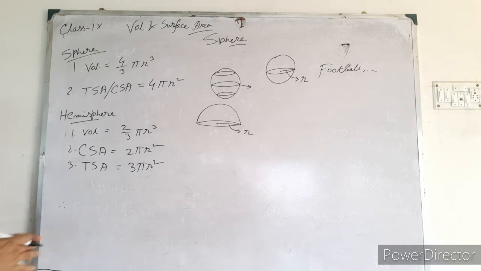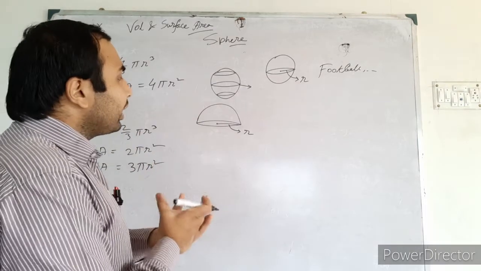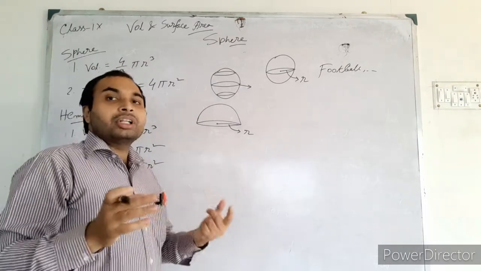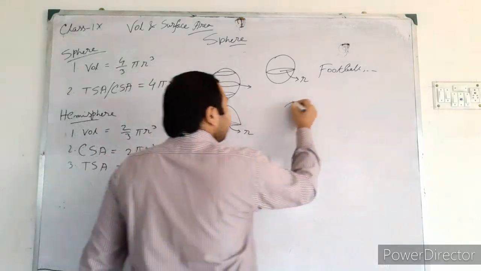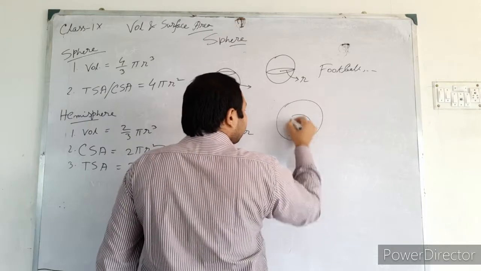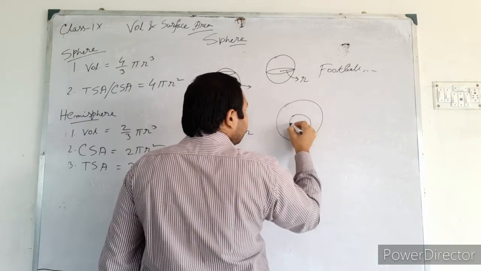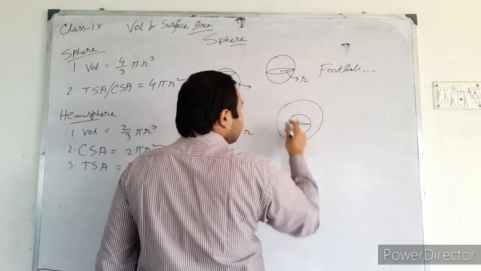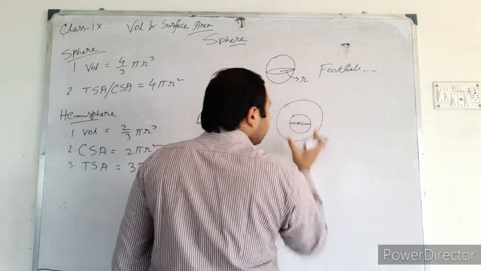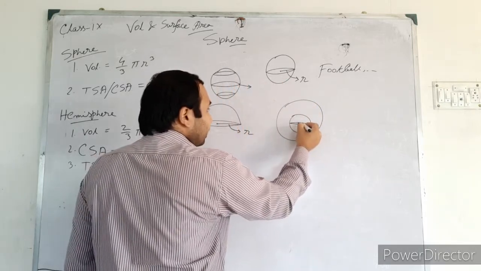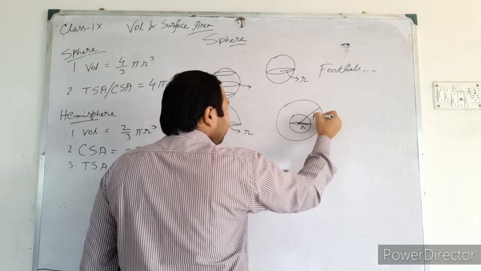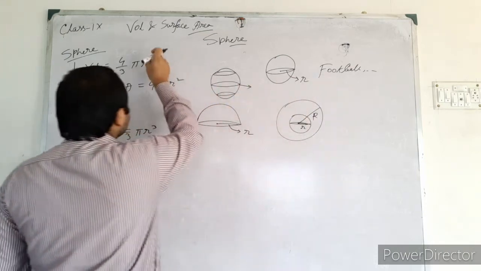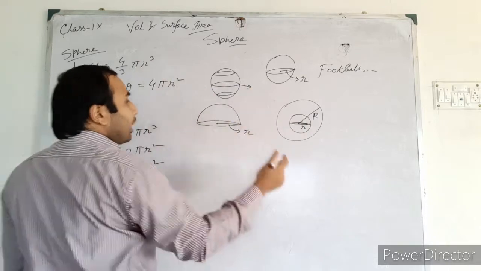And for the spherical shell, 2 radii will come. If this is the hollow spherical shell, and you take the smaller radius as r and the bigger radius as R, then the thickness will be R minus r.